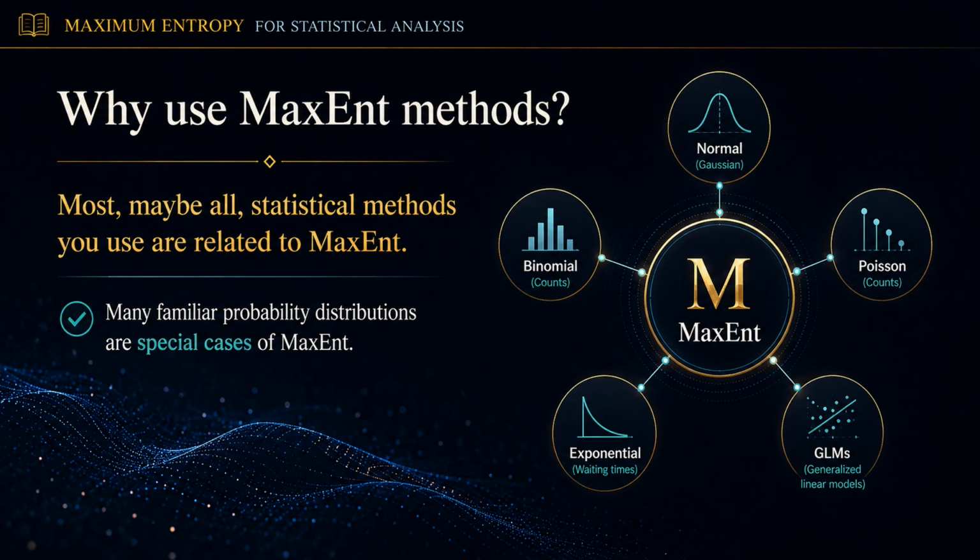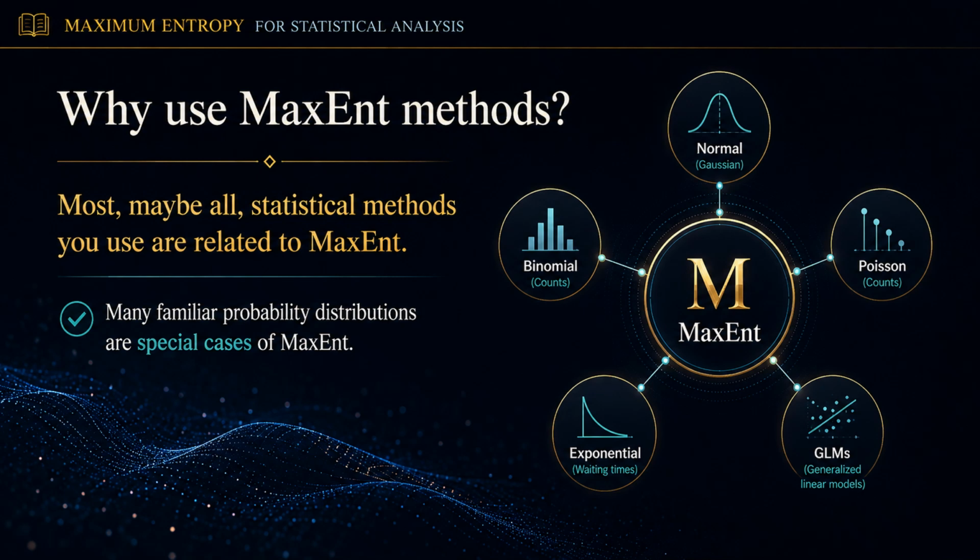Okay, so for instance, most of the probability distributions that you are familiar with, such as the normal or the binomial, etc., are distributions that are derived from MaxEnt principles, or derivable from MaxEnt principles. And so relatedly, many of the common statistical procedures are based on these probability distributions. And so they themselves are also related to maximum entropy.